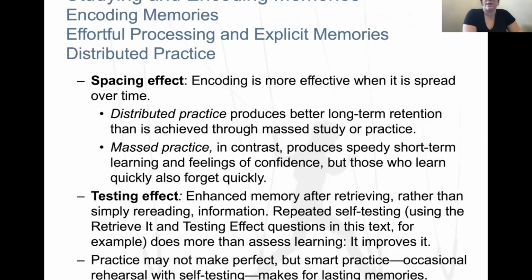Mass practice, in contrast, produces speedy short-term learning, and you feel really confident in what you learned, but you're going to forget that information quickly. So this is like cramming versus studying a little bit throughout the week. Studying a little bit throughout the week is going to really help you genuinely remember the information.